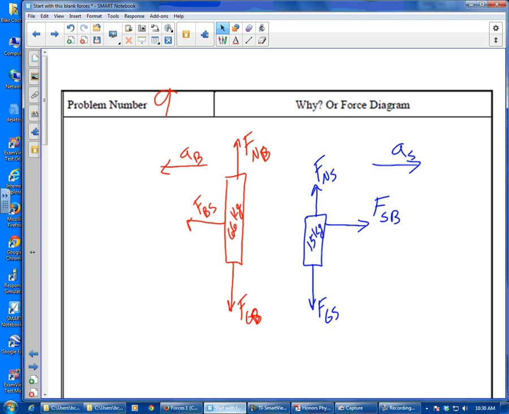But horizontally, they only have one force on each of them. Therefore, that force by itself, unless it's zero, which wouldn't make sense, is going to cause them to accelerate horizontally. Whenever you have a net force or a total force, you accelerate. And in this case, there's only one horizontal force on each of them, so they must be accelerating in that direction.